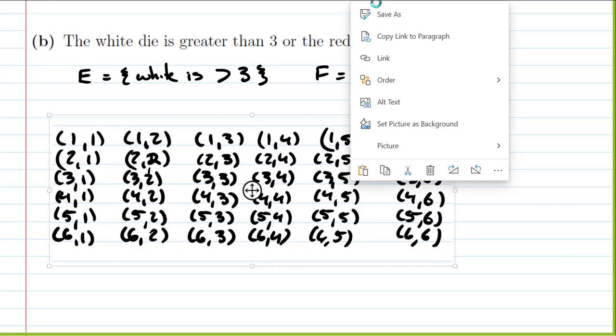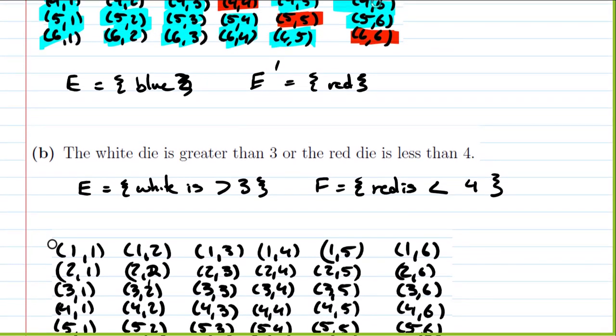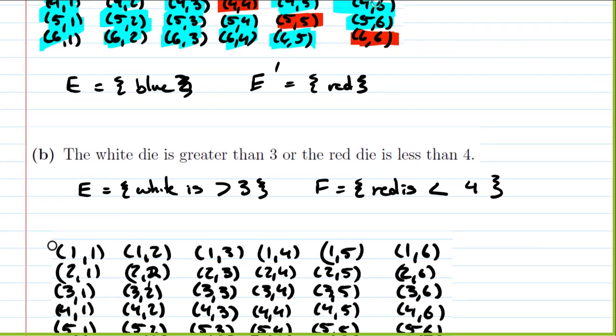So remember, an OR statement is a union. So the event that we want, which I'm going to call A, is going to be E union F, because that is our OR statement. So with an OR statement, I want this or this.